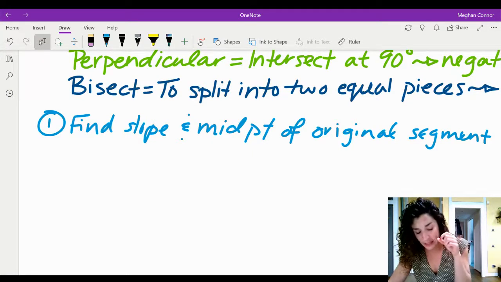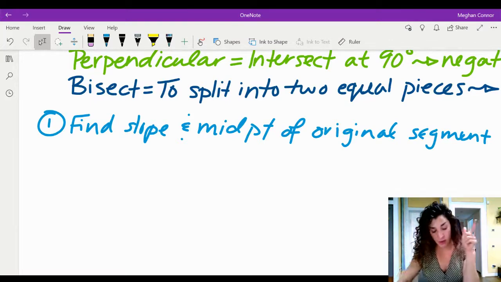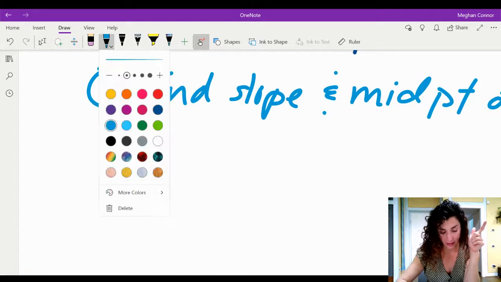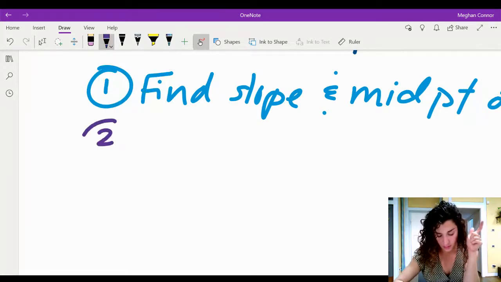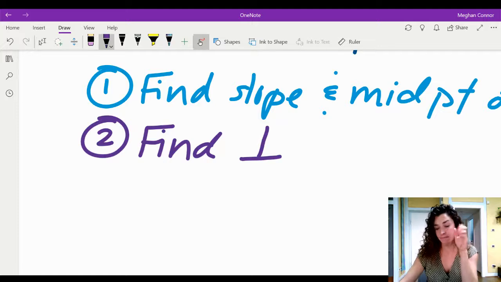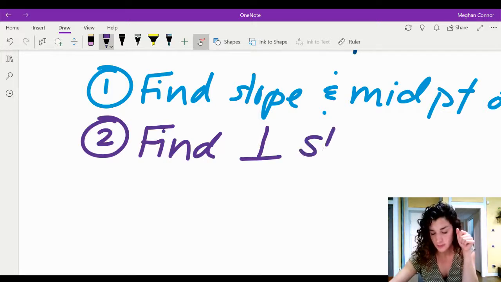Once you've found the point, the midpoint and the slope, you now need to find the slope of your perpendicular. Find, this symbol means perpendicular. Find perpendicular slope. So that's your negative reciprocal.